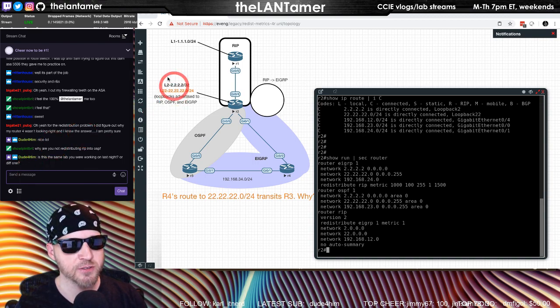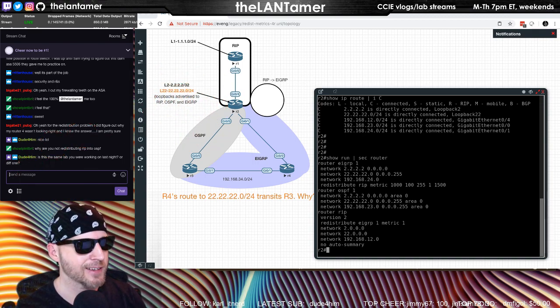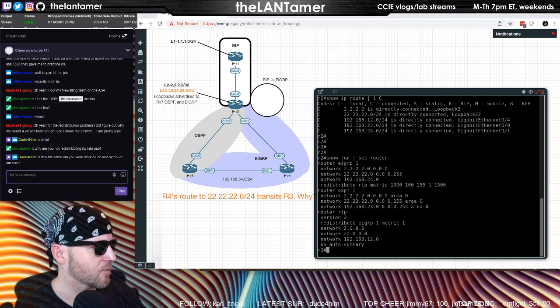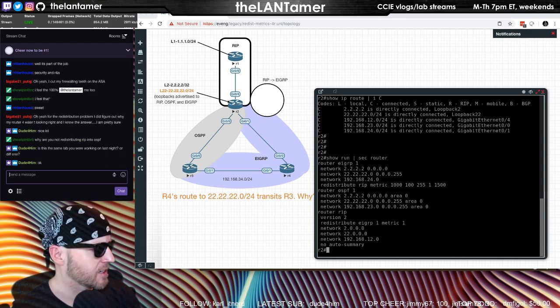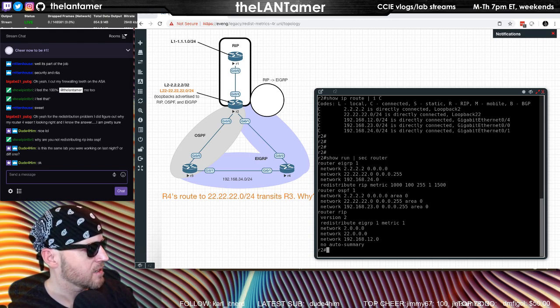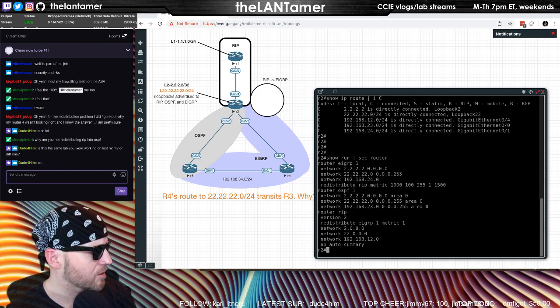So I've introduced these two loopbacks, which created a new problem. But otherwise it is pretty much the same. But the lab may not be in the same state that I left it yesterday because I was trying to break it earlier, to be honest. Trying to find new ways to break it, and areas where I saw there might be a potential problem. I was just playing around with the lab to see what would happen.